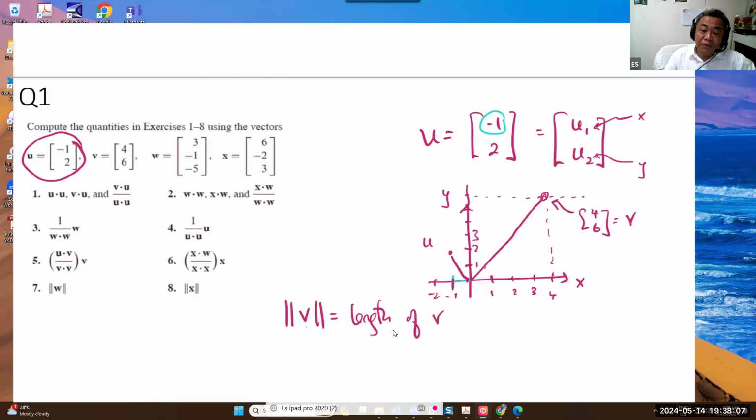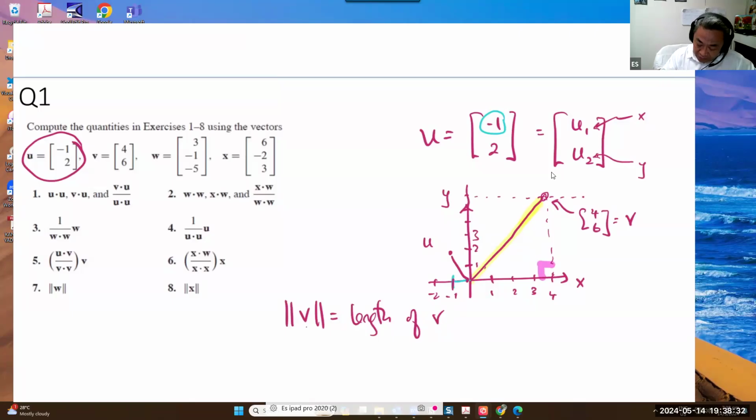What is the length of v? The length of v is this length over here. So I'll highlight it for you. How long is this length? And you know that this is a right angle triangle, so all you need to do is use the Pythagoras theorem and find the length.